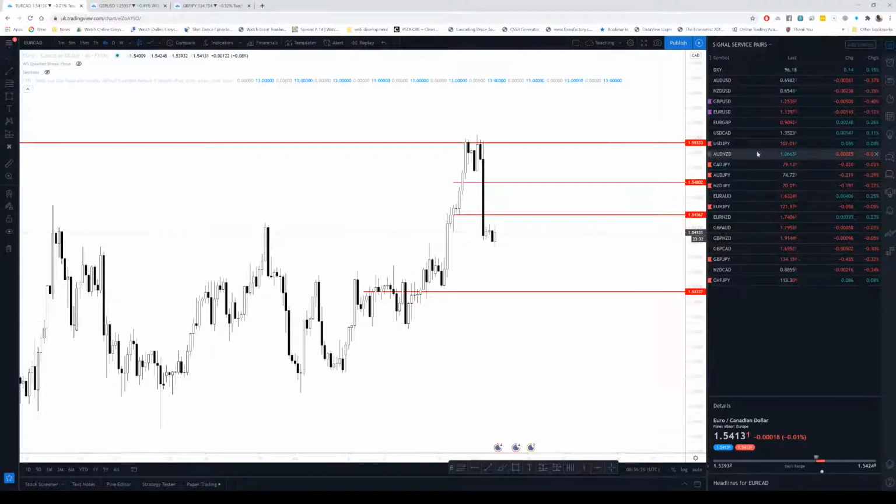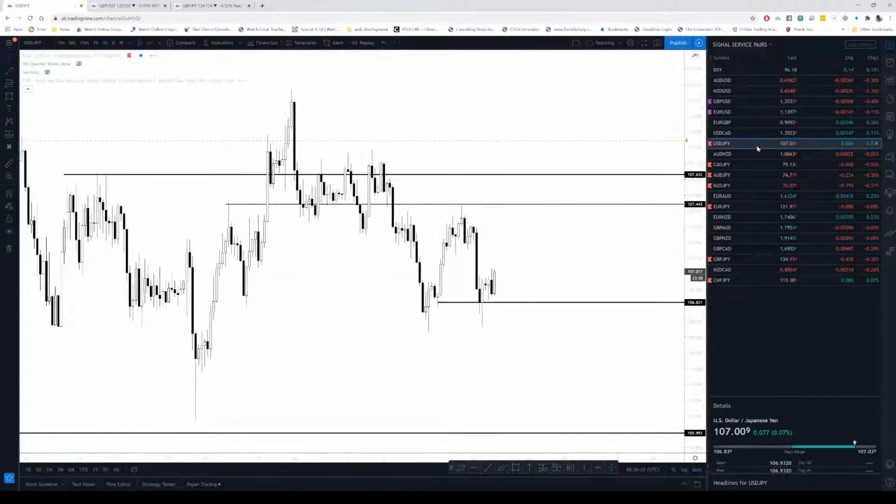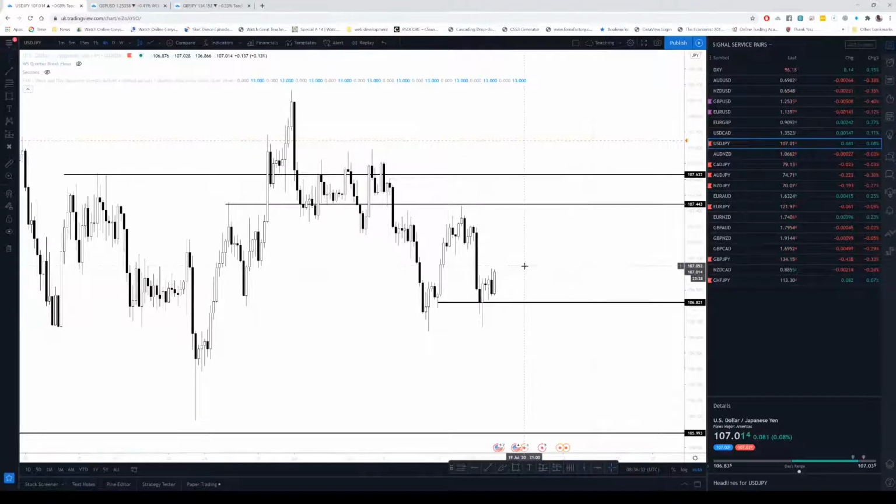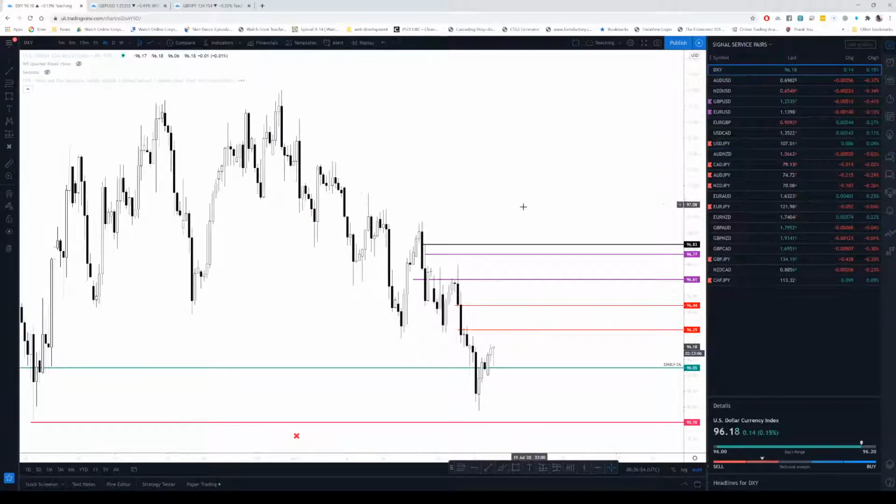USD yen, I think I did cover that, if you did miss it. On USD yen, we went short up here, and I said I'm looking for a continuation to the downside, right? However, because we've dropped down so much, looking at what the dollar is doing, let's go back to the dollar.